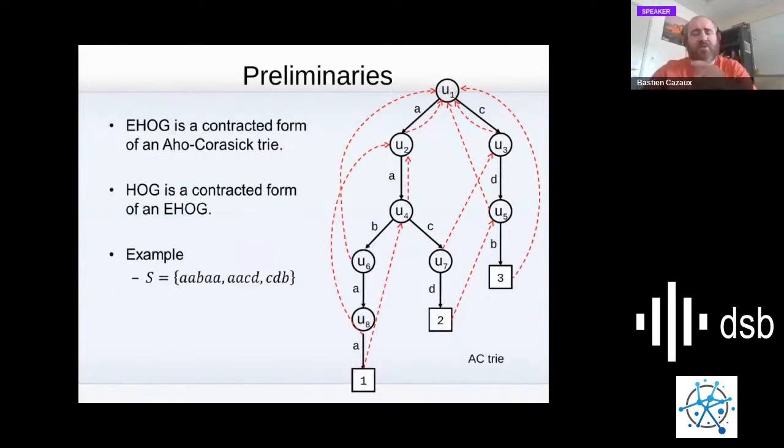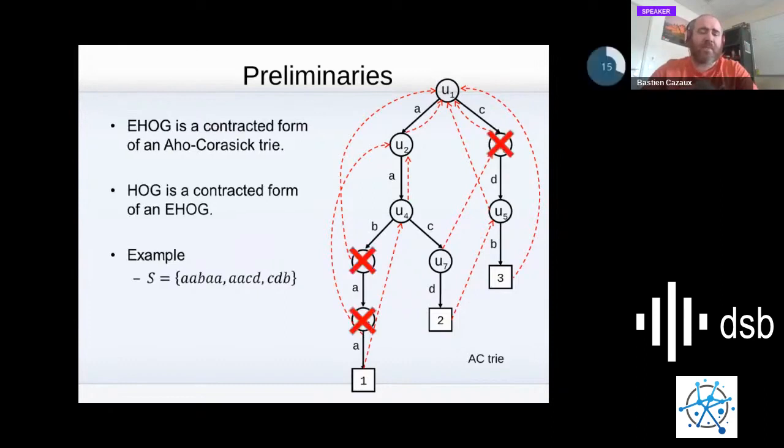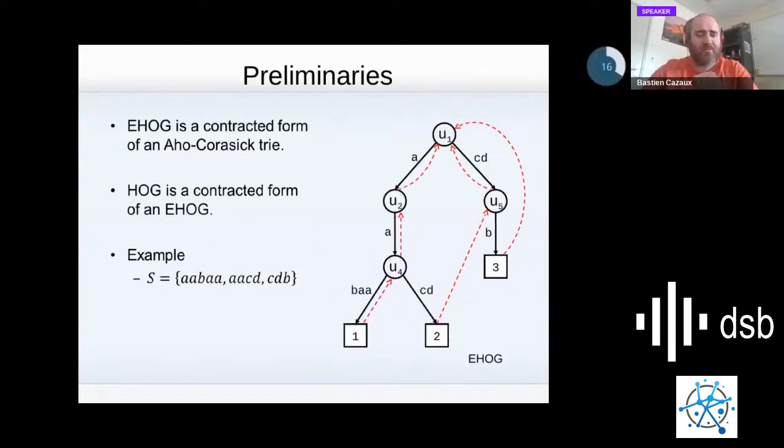So that is just to understand how you can compute the HOG from the hierarchical tree, because in fact the EOG, the extended hierarchical overlap graph, is embedded in the hierarchical tree. So, for example, here, if we remove this node, which is not in the EOG because it doesn't correspond to an overlap, and you merge the arcs, you obtain the EOG.